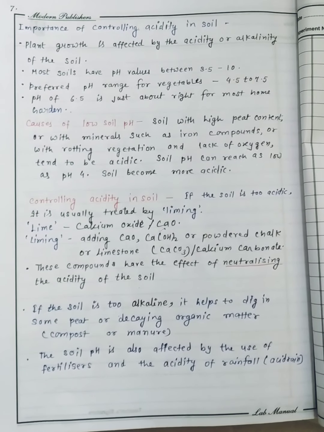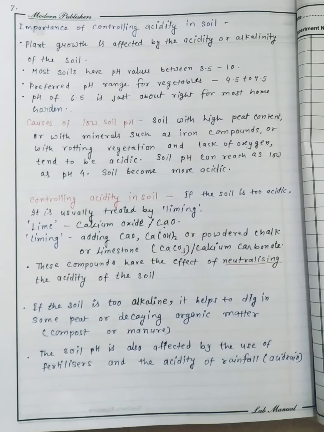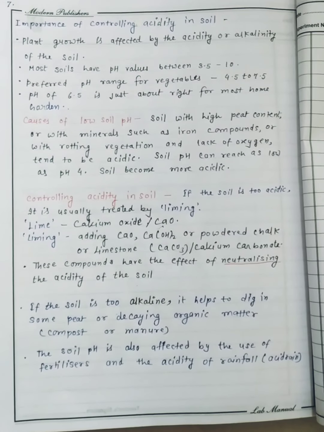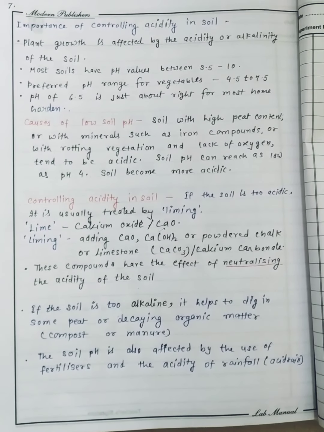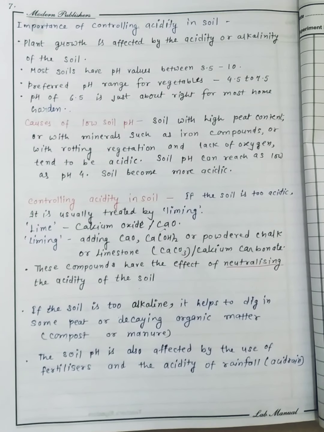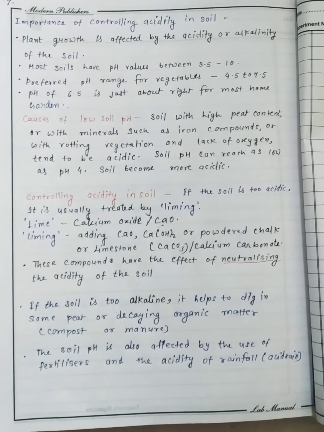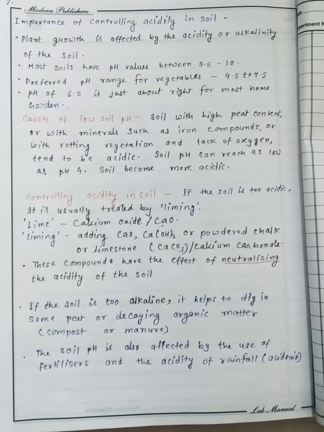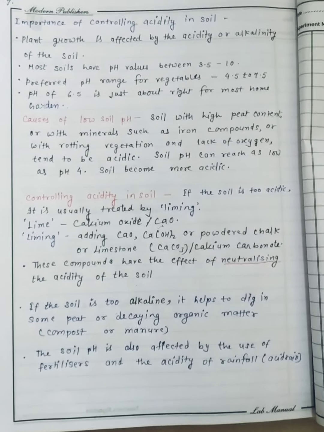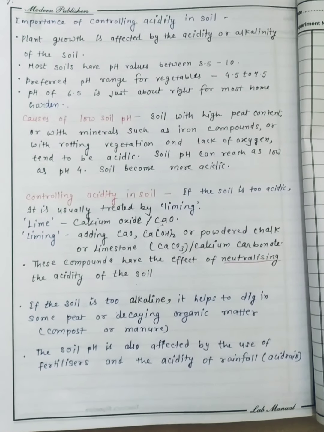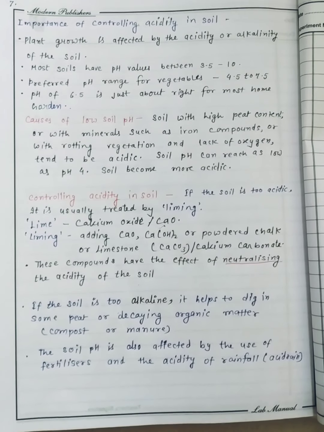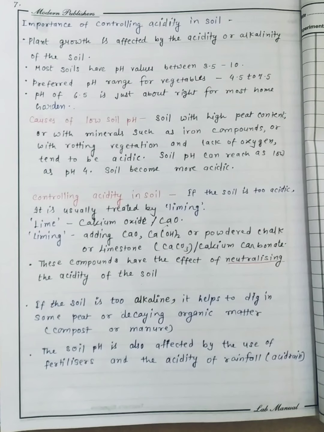Now we discuss the cause of low soil pH. Soil with high peat content, peat means coke, carbon, coal. Okay, soil with high peat content or with mineral such as iron compound or with rotting vegetation and lack of oxygen tend to be acidic.